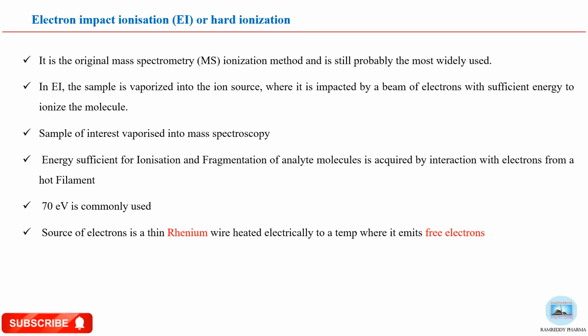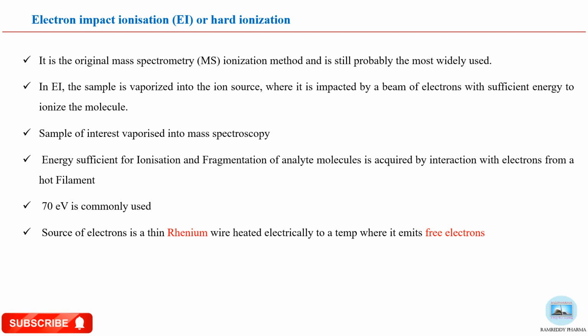In this, the high energy electrons from the rhenium wire directly impact your molecule. The free electrons emitted by the rhenium wire come in contact with the molecule. At that time, the molecule is converted into a molecular ion by removal of one electron by the high energy electron.